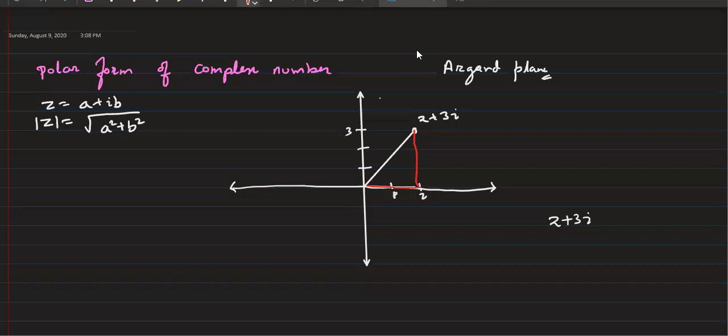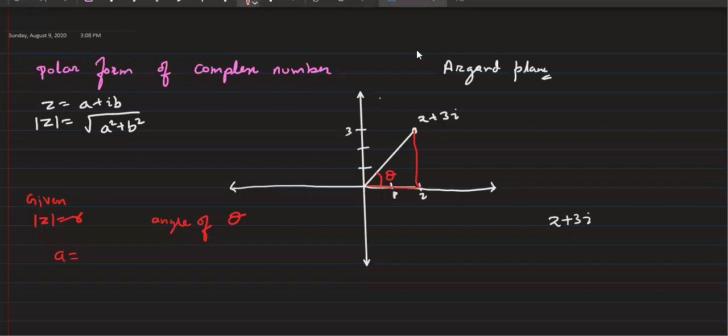Which means I'm giving you mod of z is equal to r. This is your given information, and it makes an angle of theta.